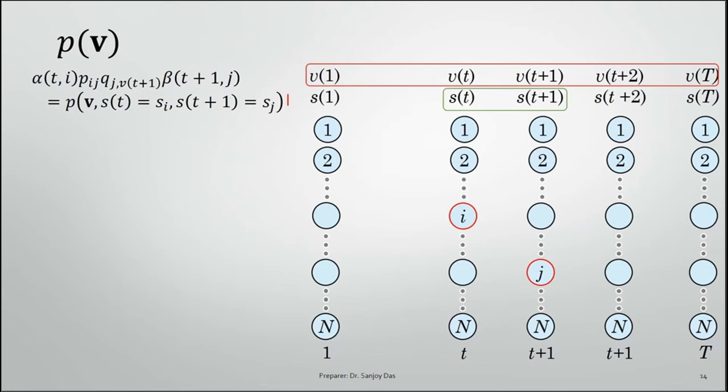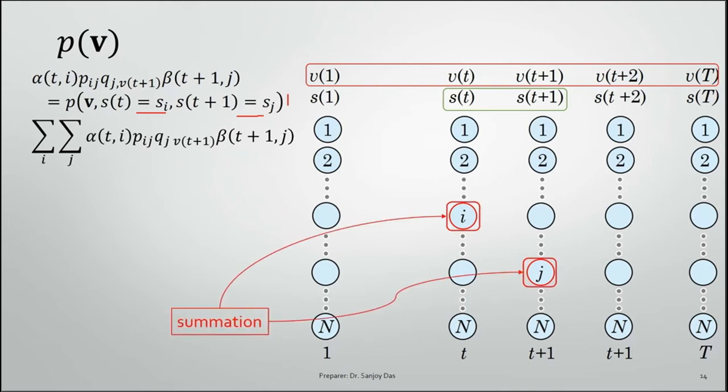Now, I want to eliminate Si and Sj. What do I do? I do the summations. In fact, since I want to eliminate two indexes, I do a double summation. I sum over i and j. And what do I get?